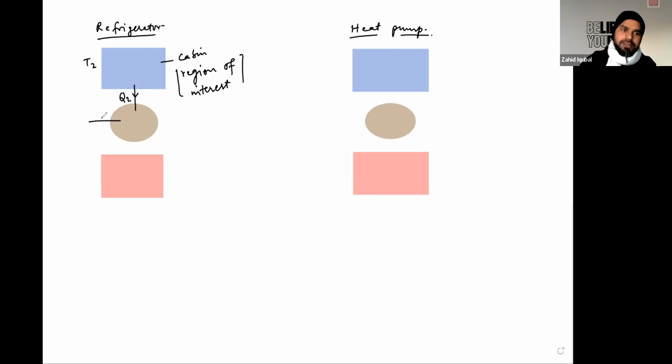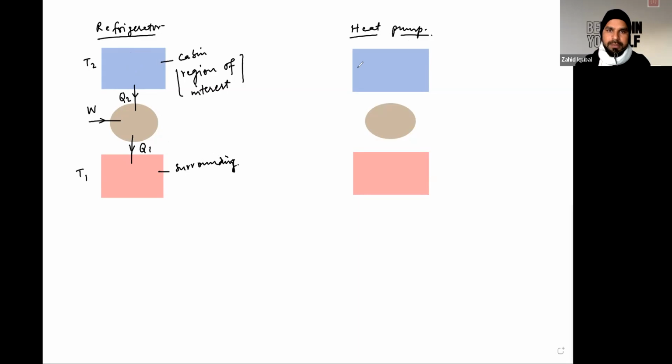By adding work from compressor, it donate or eject out Q1 amount of heat into surrounding. So that refrigerator by this way manages to cool this particular cabin down.